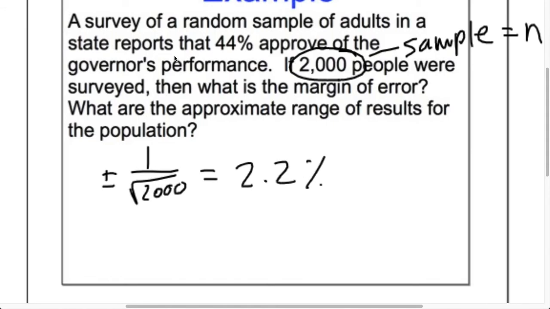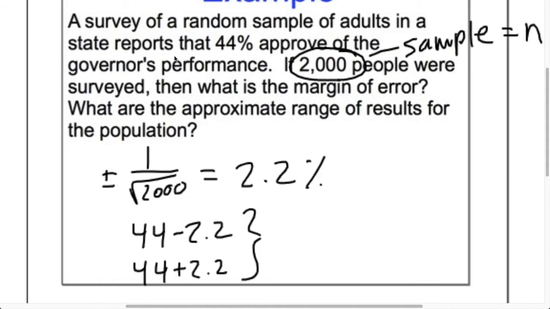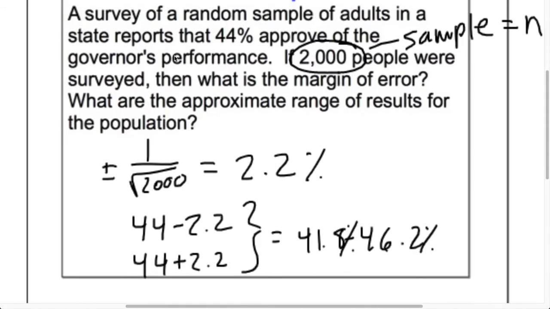So comparatively, this is a way better margin of error, because the approximate range for my population is 44 minus 2.2 to 44 plus 2.2, which would then equal 41.8 to 46.2% of people approve of the governor's performance.